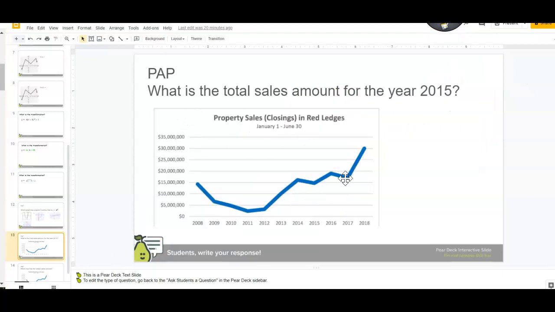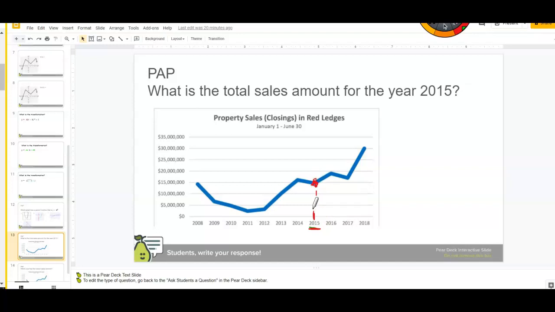Next one. So here you have a chart, and this is property sales from year 2008 to year 2018. And the question is, what is the total sales amount for the year 2015? So first you have to look for the year 2015 on the x-axis, which is here. Okay. And now from this mark, you're gonna mark the year 2015 and then extend your mark to reach the point on the graph.